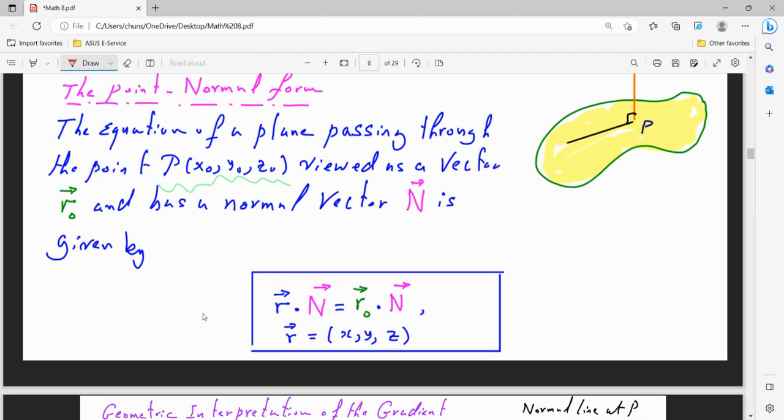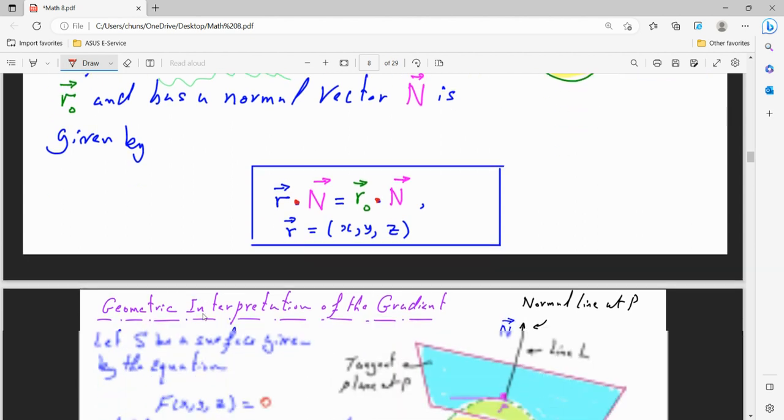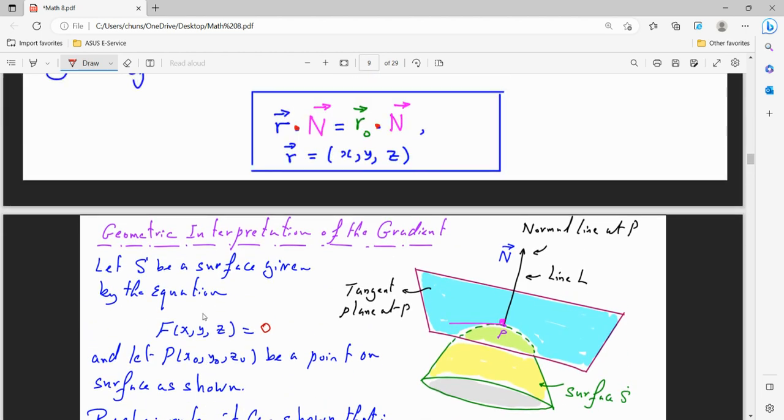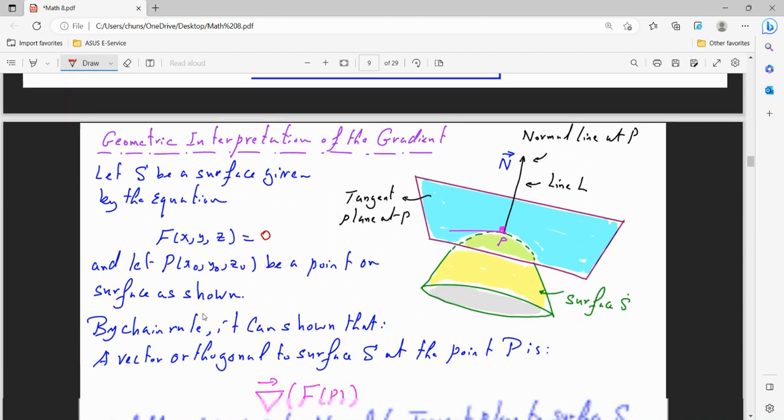So it's the dot product of our position times our normal vector, and it's equal to the dot product of the original position and our normal vector. Where this first r here is a function of x, y, and z.